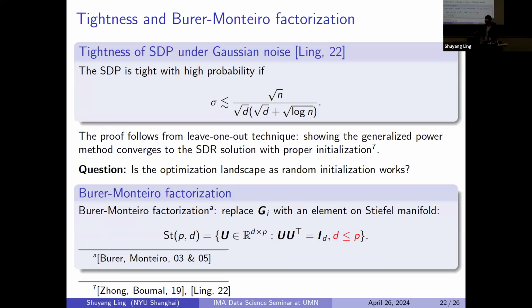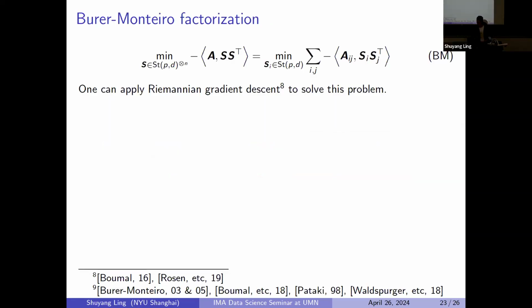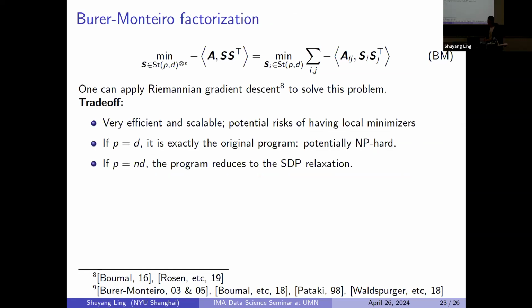Of course, if p is larger, it means the problem is easier to solve, I mean the landscape would be better. So we replace each O_i by a Stiefel manifold. Then there's the trade-off between efficiency and scalability versus the landscape.